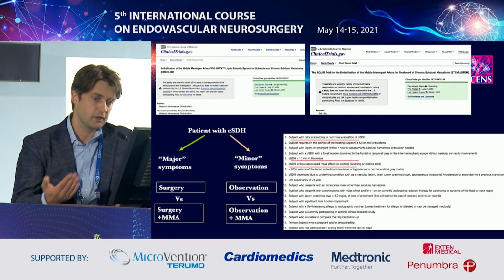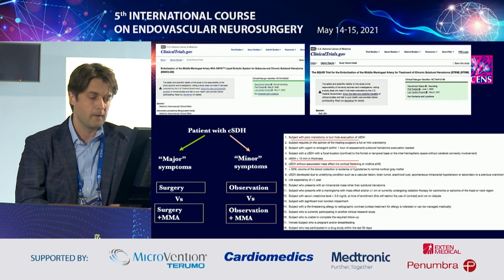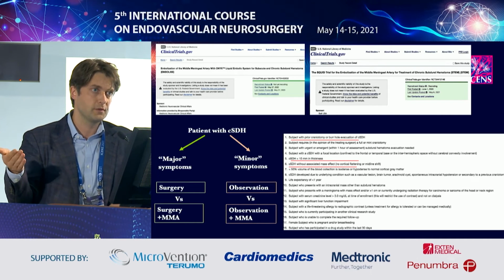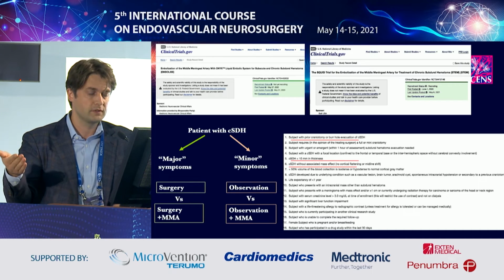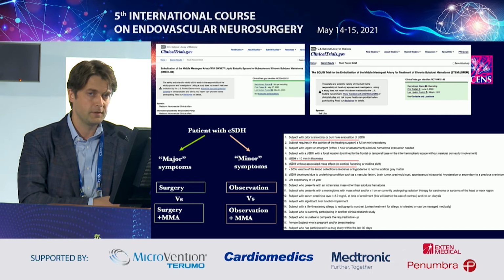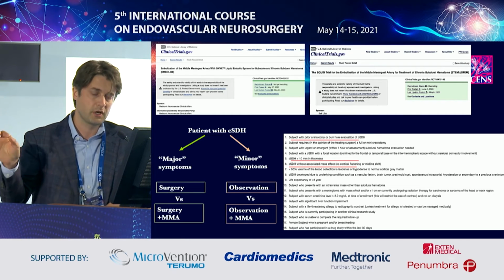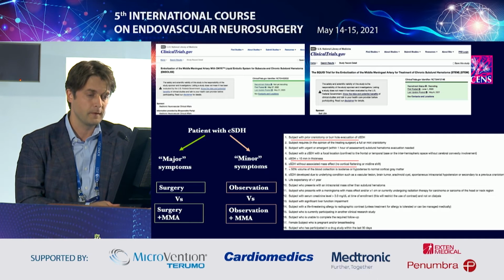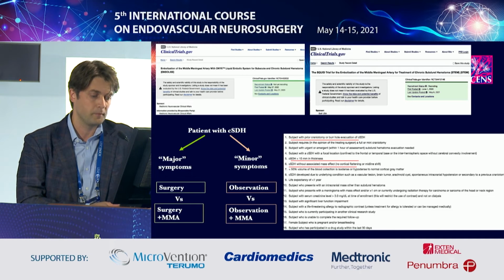All we have is a retrospective analysis of all our cases, and we started trials which have two arms, major symptoms and minor symptoms, and whether these patients need surgery or observation, and this design requires a more well thought out structure.